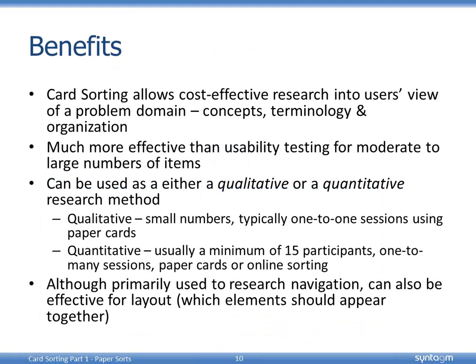On the quantitative side, typically we're more interested in how a reasonable number of people group sets of items together. And you may have seen or you may know about some research that Tom Tullis and a colleague did that Jakob Nielsen improved on or modified to suggest that you can get away with about 15 participants in a face-to-face kind of session.